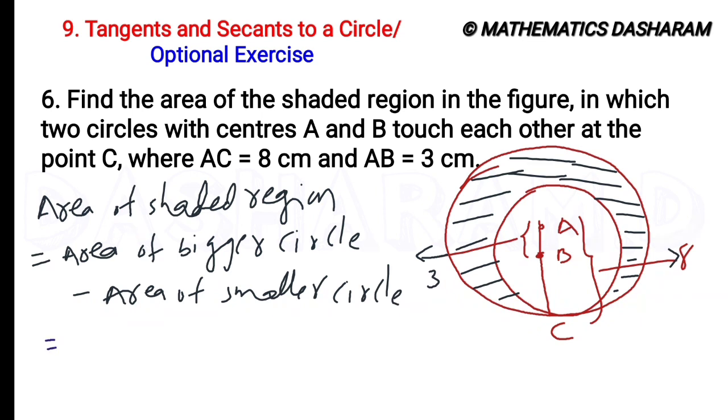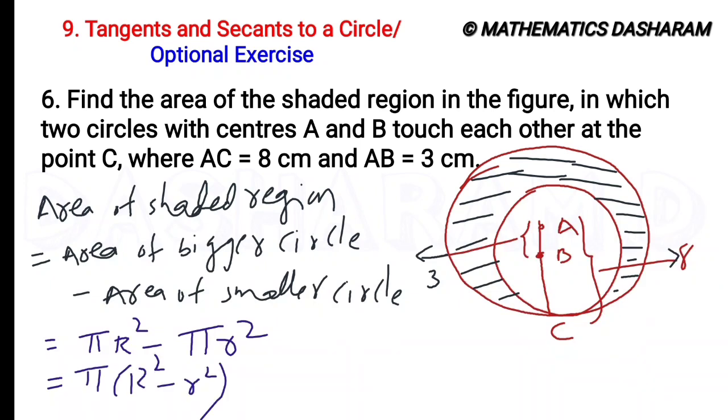So area of the bigger circle formula is pi capital R square. Take capital R in the place of radius, and area of the smaller circle is pi small r square. So from both we can take pi common. So pi bracket of R square minus r square.